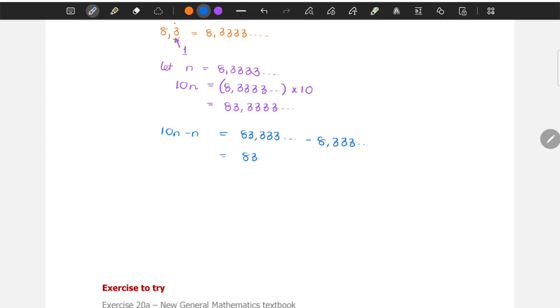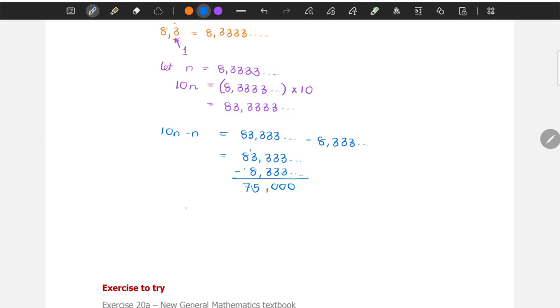Which is, again, putting it in abacus format, 83.33 minus 8.333, on and on and on. And all these become zeros after the decimal point. And then 83 minus 8, that's going to be 75.